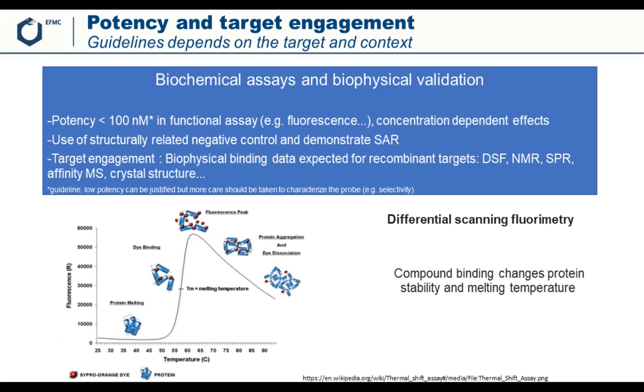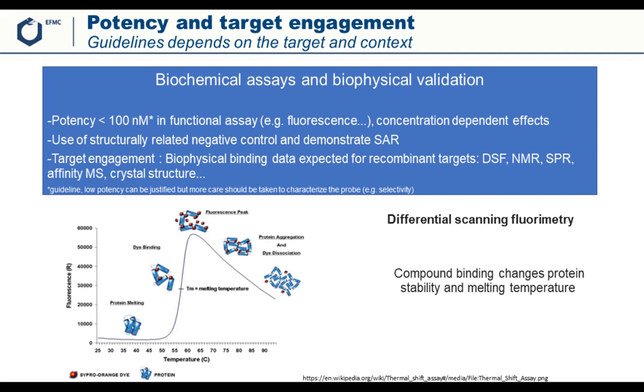In this experiment, we use the simple concept that upon increasing temperature, protein will unfold and then aggregate. And you can actually follow this process by introducing a dye, such as Sypro Orange. This dye does not fluoresce in the presence of water, but as you heat your protein and it starts to unfold, the dye will bind into the hydrophobic pockets created by the unfolding.